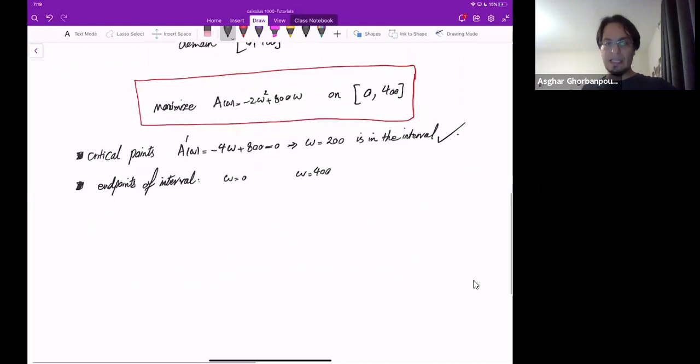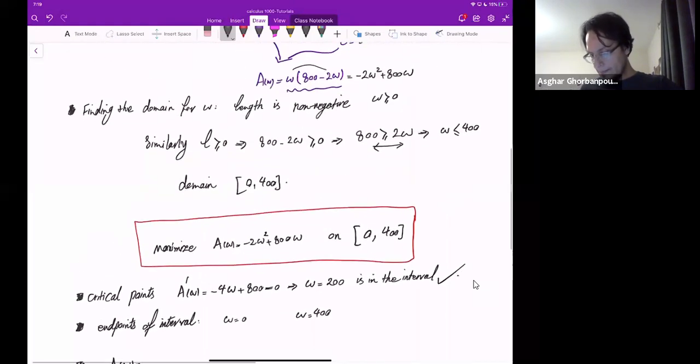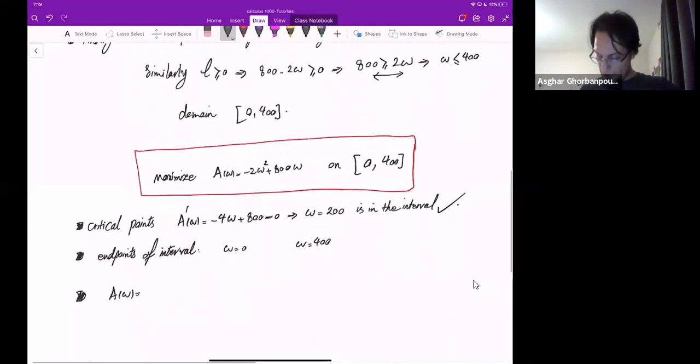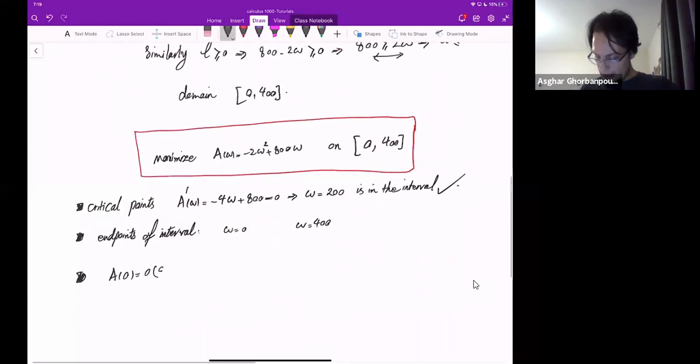Now, we have to evaluate the function at these points. A at W. If we use this formula, it is easier to compute these values. So A at 0, so 0 times 800 minus 2 times 0, this will be 0. A at 200, this is 200 times 800 minus 2 times 200.